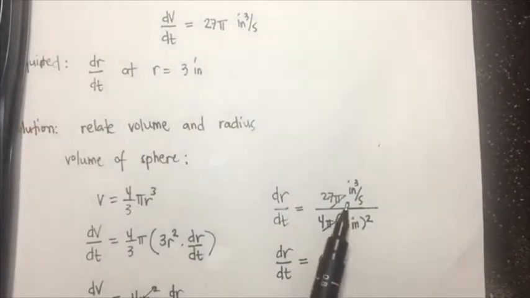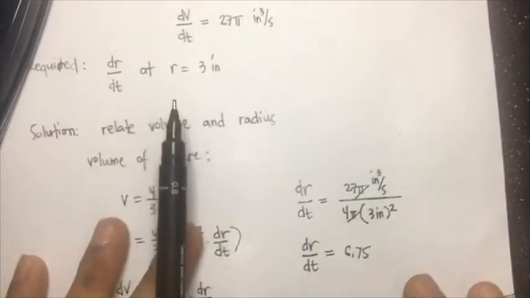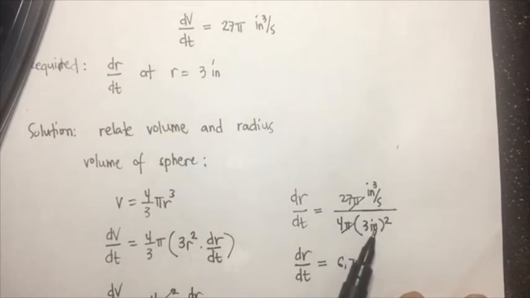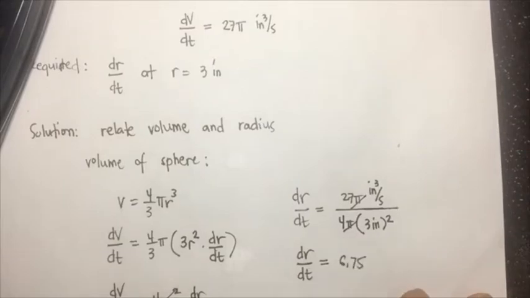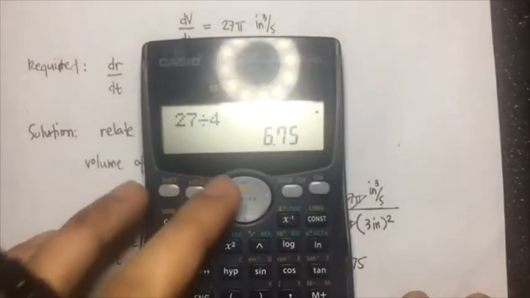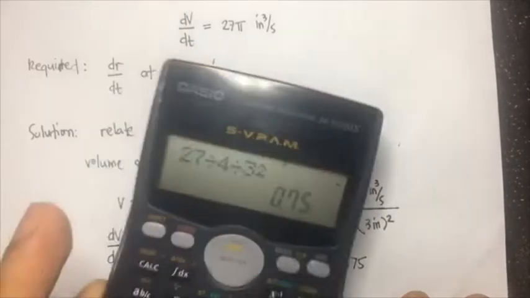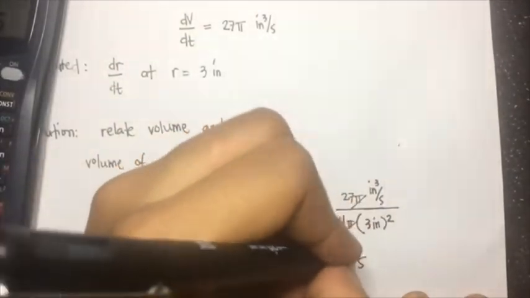The unit will be, so we have here cubic inches divided by square inches. Oops, sorry, we still have 3 squared here. So it's 27 divided by 4 divided by 3 squared. Okay, so sorry, it's 0.75.